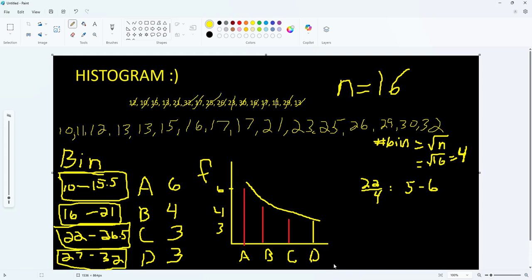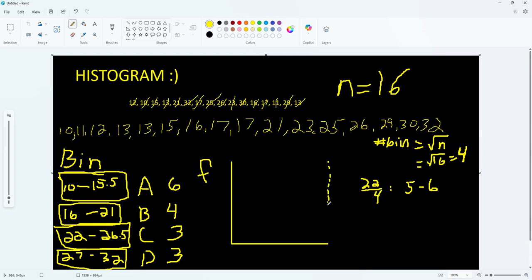Another way to do this is, let me go back a little bit, is to place it and put another axis on this side. And this will be relative frequency, the relative frequency in percentage. Okay, and then we're going to go from smallest to biggest.